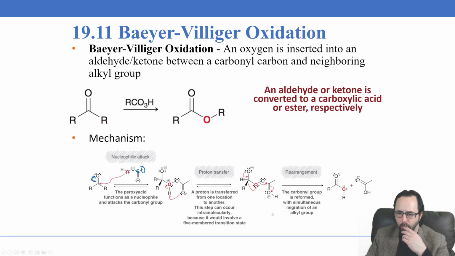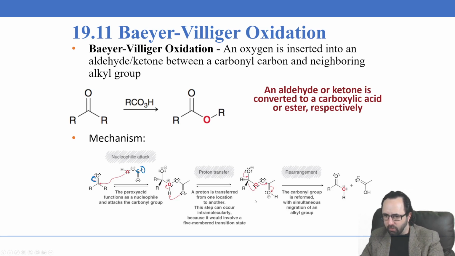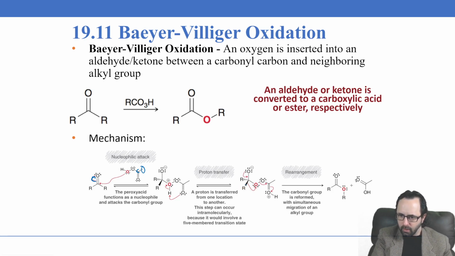And at that point, we have this rearrangement essentially. We have a carbon-oxygen double bond right here, and we have this R group attached to this oxygen. So this R group right here, this is the one that moved over to this oxygen, so it's right here now. We now have not a lone pair here, we have a double bond between this carbon and this oxygen.